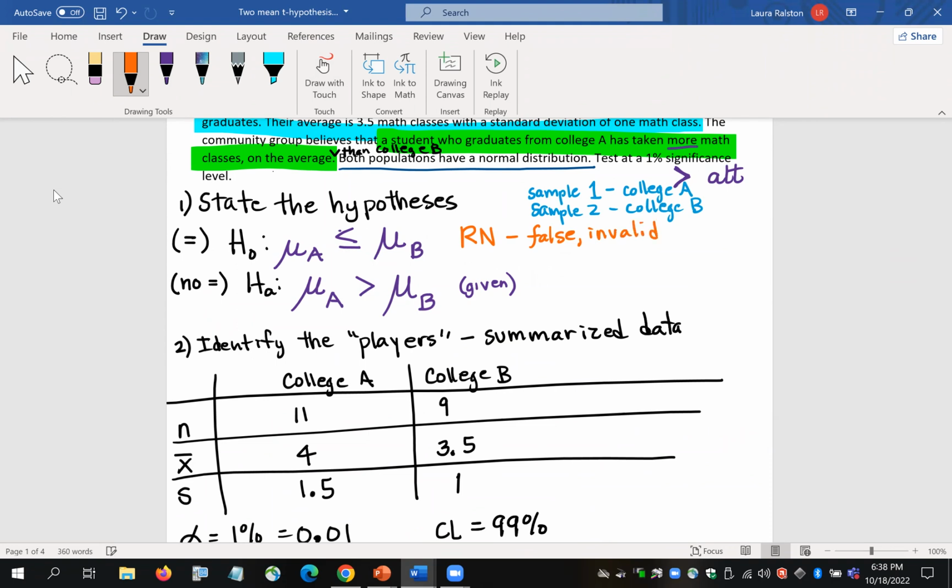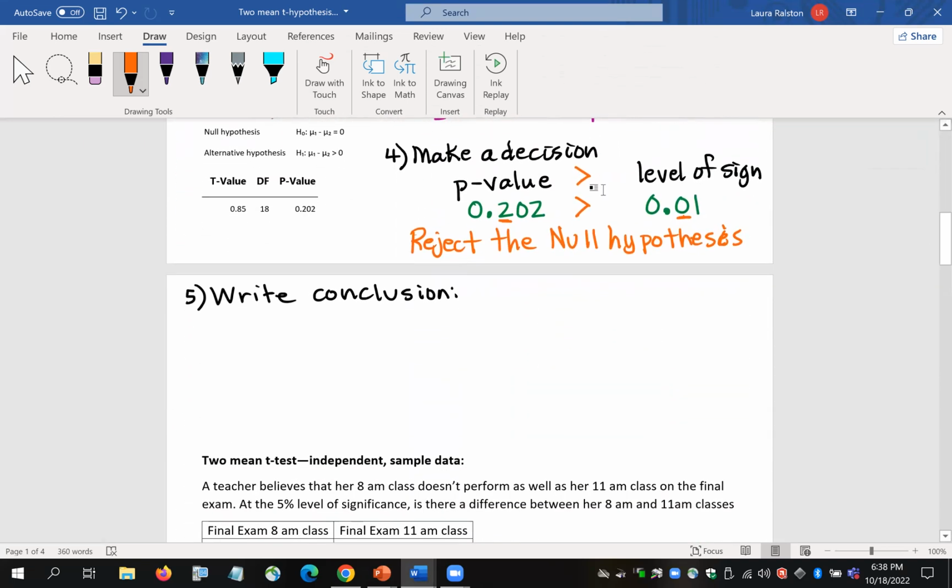And therefore, by default, the alternative statement is true or valid. And so in this statement, what we have proved is that the student who graduates from college A has taken more math on the average than a student who graduates from college B. So I have to write my statement so that it says that.